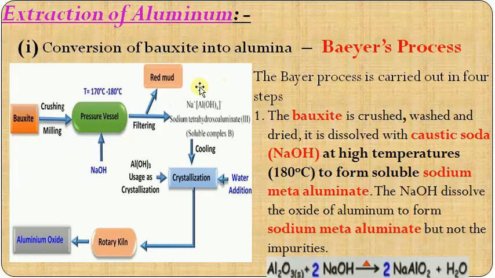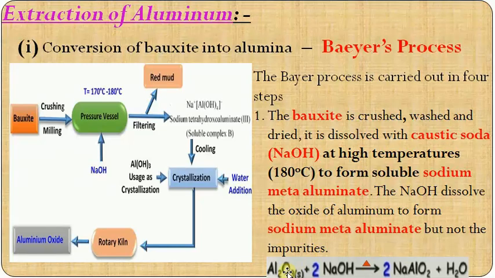When you remove 2 water molecules from this complex, what do you get? 2 water molecules means 4 hydrogen and 2 oxygen. So when you remove it, there are 2 oxygens remaining. So you just add sodium and aluminium. So we get sodium metaaluminate. So from this complex, after removal of water, we get sodium metaaluminate, which is soluble, whereas impurities are insoluble.